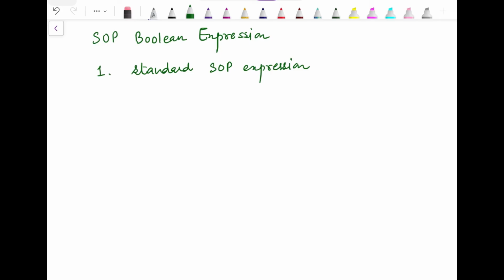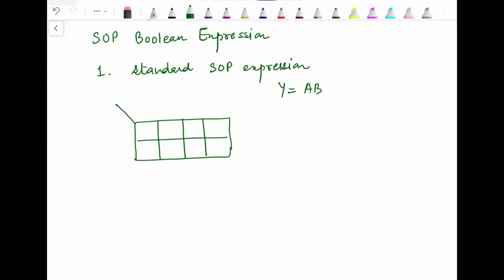Let's say we have a three variable K-map. The problem is given to us like Y equals ABC plus A complement B C plus A complement B C complement.